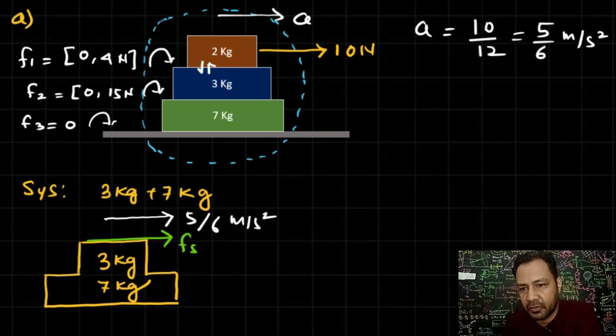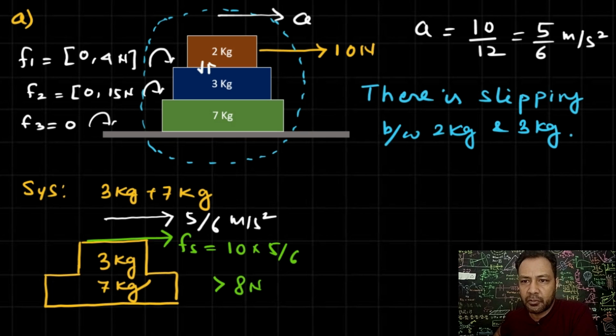Then this Fs must be the total mass, that is 10, into the common acceleration, 5 by 6. That is 50 by 6, more than 8 Newton. You can see the available friction between 2 kg and 3 kg is 4 Newton only, and the requirement is more than 8 Newton. So it means there is slipping between 2 kg and 3 kg.